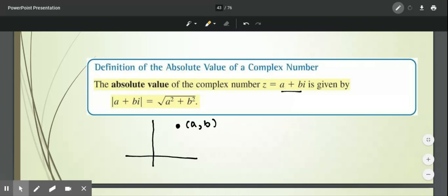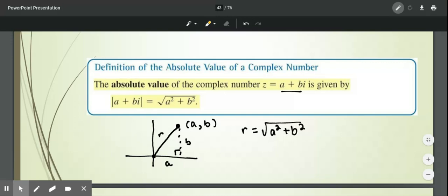If we wanted to find the absolute value, or sometimes they'll call it the modulus, what we're doing is finding the distance from 0, 0 to that point, which is really, if you were to draw a right triangle, you're really just finding the hypotenuse of a right triangle that has the base a and the height b. All right, so if we were finding that radius, we would just say the radius is the square root of a squared plus b squared.